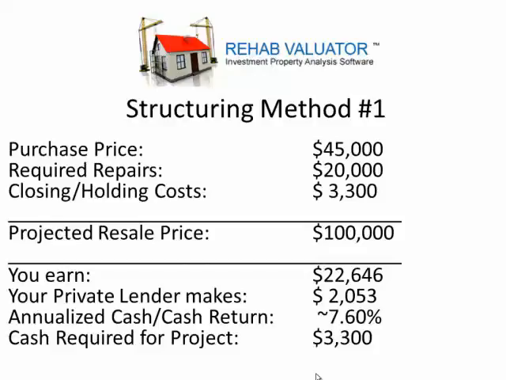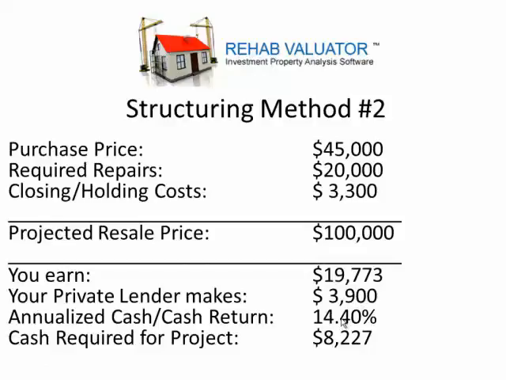Structuring method number two, same thing. Numbers are the same here. You earn a little bit less, close to $20,000 in the deal, because you have to pay upfront points to your lender to use their equity line. But your private lender makes $3,900. Annualized cash-on-cash return is almost double to your private lender, 14.4%.